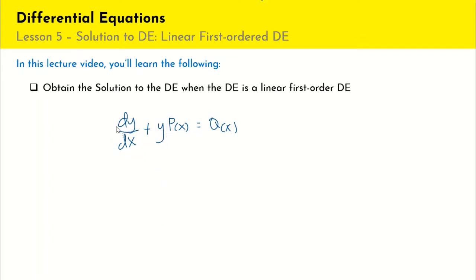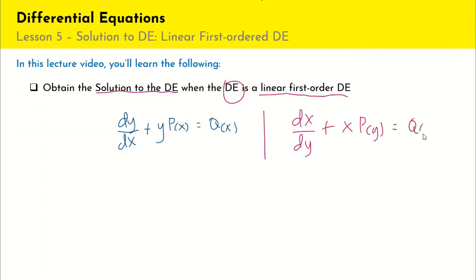Now, how do we find the solution to the DE when it is a linear first order DE? Here's the trick. I'm going to put two forms. Remember, this is dy over dx, and I will put another one here, which is dx over dy plus P(y)x equals Q(y).